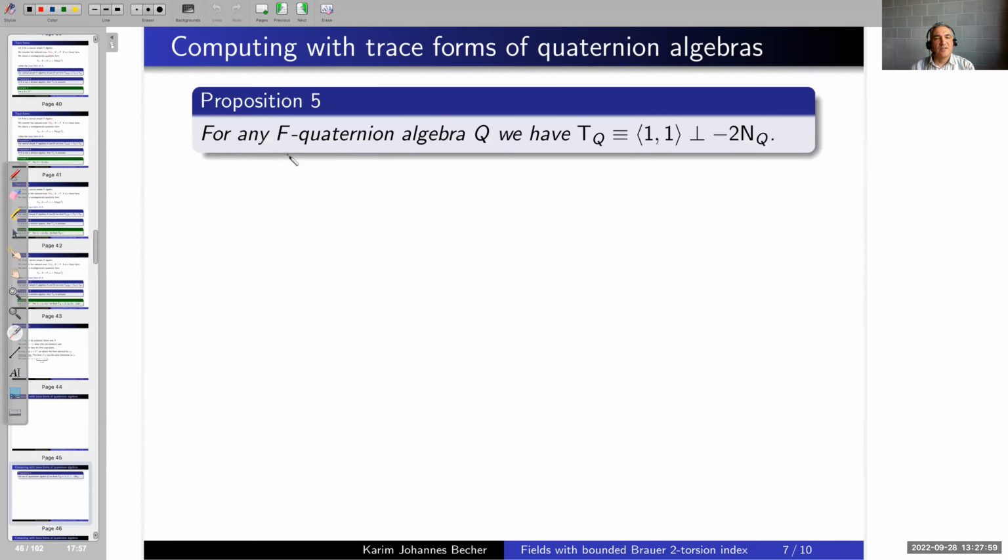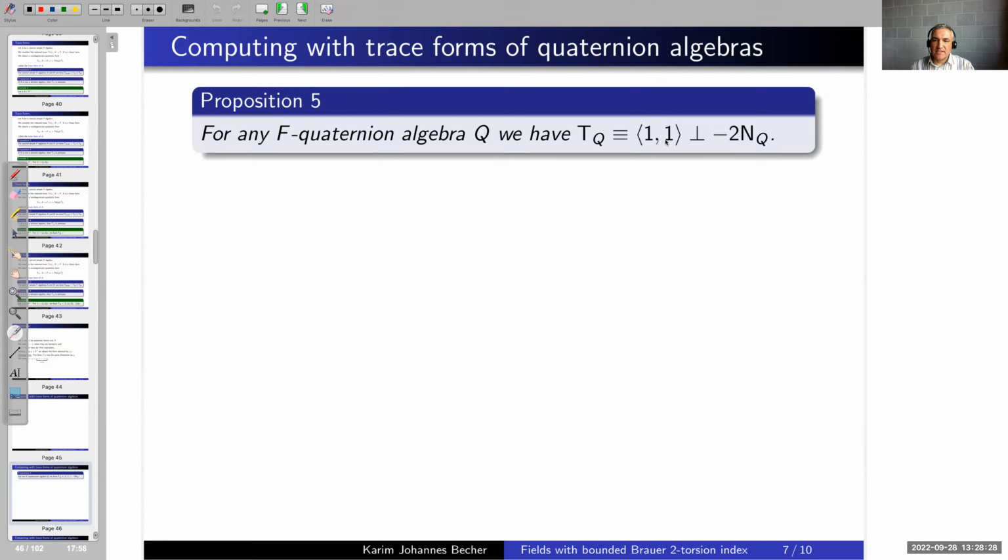Good. So recall that for the quaternion algebra Q, we had that the trace form looks like the norm form with the pure part twisted by the minus sign and everything scaled by 2. In other words, we basically take minus the norm form, up to equivalence. It's minus 2 times the norm form, if I then add twice the entry 2.